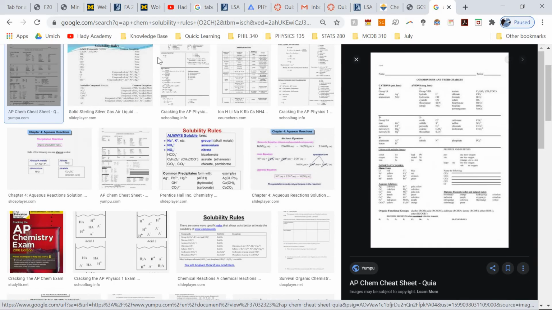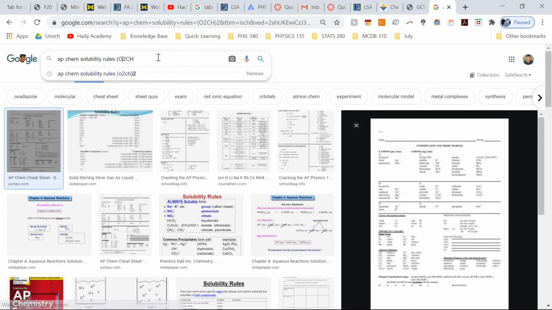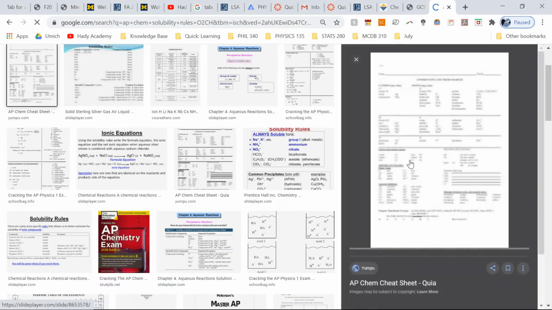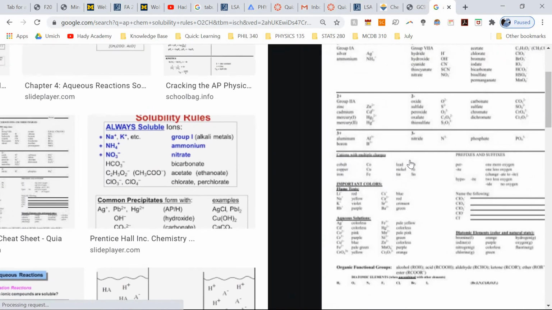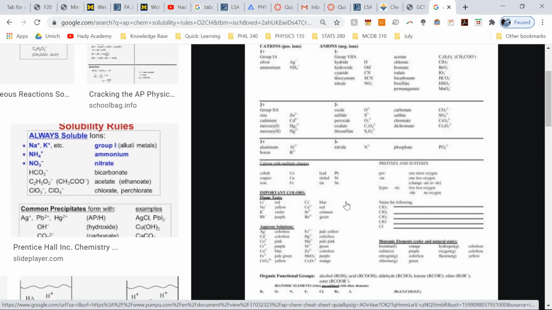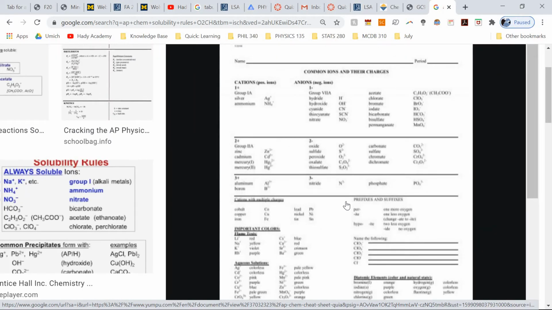I just need to think of if there's one. I might just pretend it's soluble just because I can't really find it.